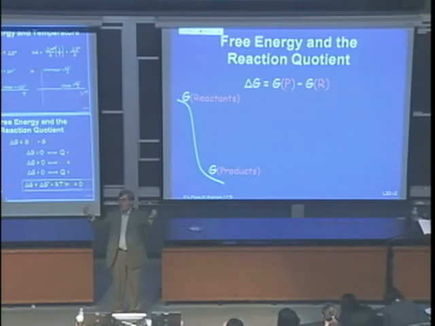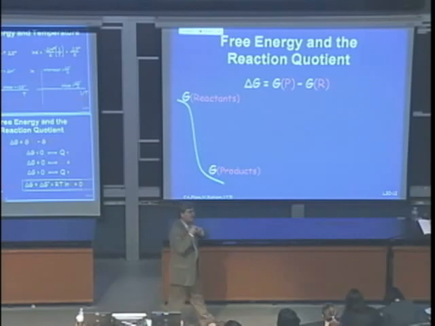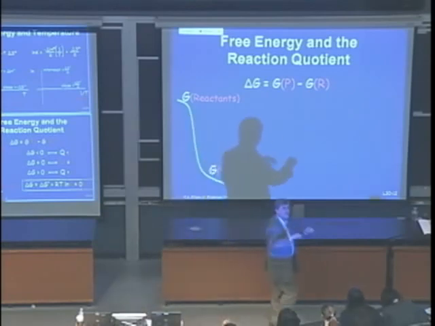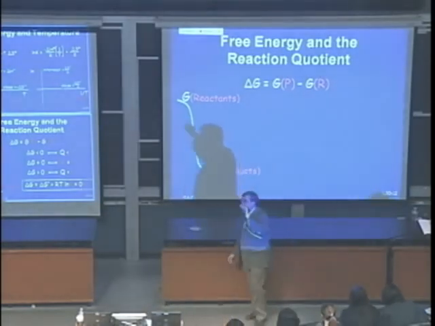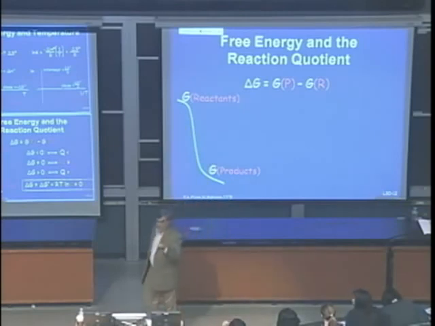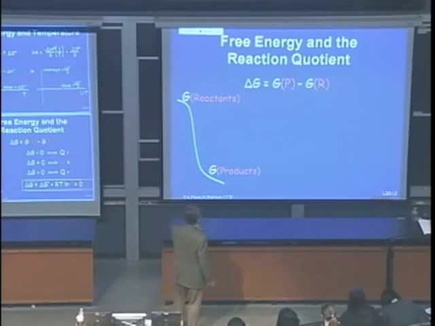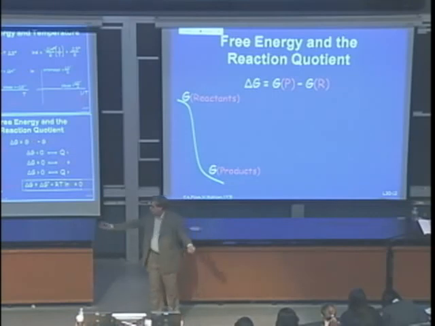Now we let the reaction go. Let's say that reaction takes 10 seconds until it's finally in equilibrium. After 3 seconds, the reactants have a certain free energy, and the products have a certain free energy. And it's not at standard state, because we let the reaction go. That's still the driving force.